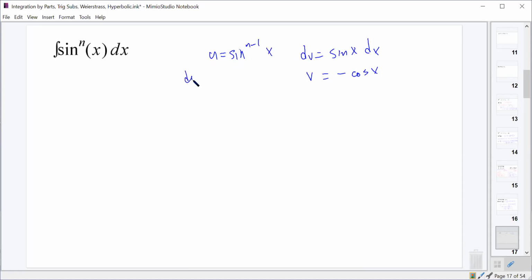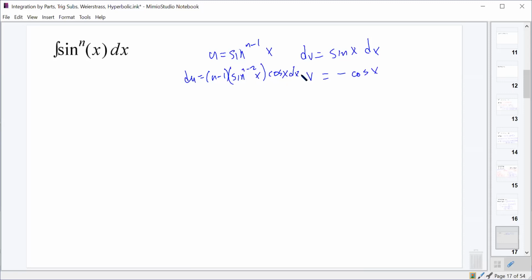And so then what's du going to be? Well, this is u, right? Sine x to the n minus 1, so du ought to be n minus 1 times sine to the n minus 2 of x times the derivative of sine, which would be cosine of x dx.